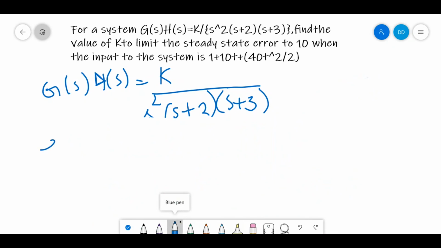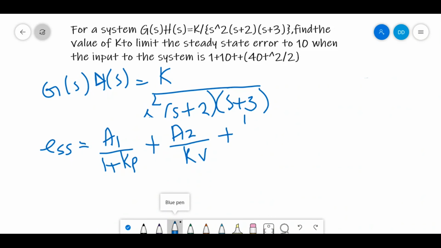So we'll write ESS is equal to A1 divided by 1 plus Kp due to step input. Next is due to ramp input, which is A2 divided by Kv. Next due to parabolic input A3 by Ka.